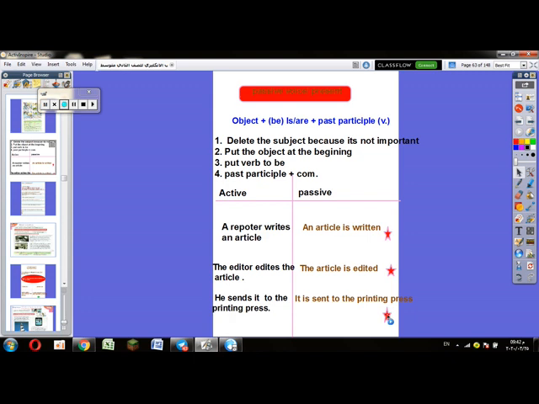As we delete the subject he and we bring the object and put it at the beginning, then the verb to be, and we change the main verb to past participle, and we complete the sentence. This is about the present, so the passive voice in present simple tense.